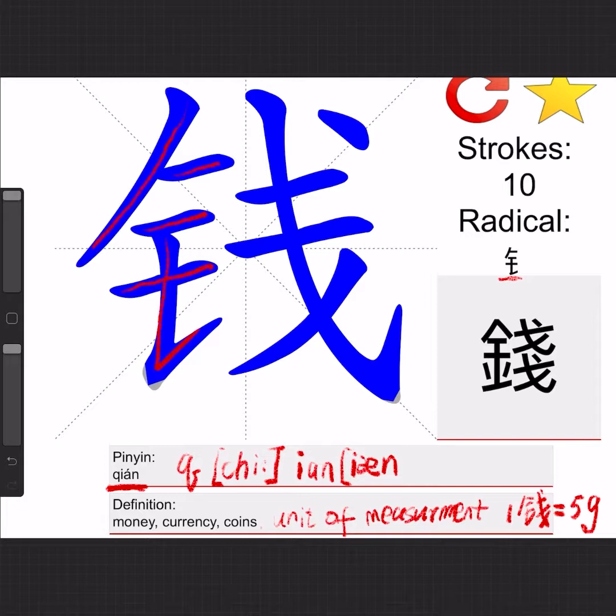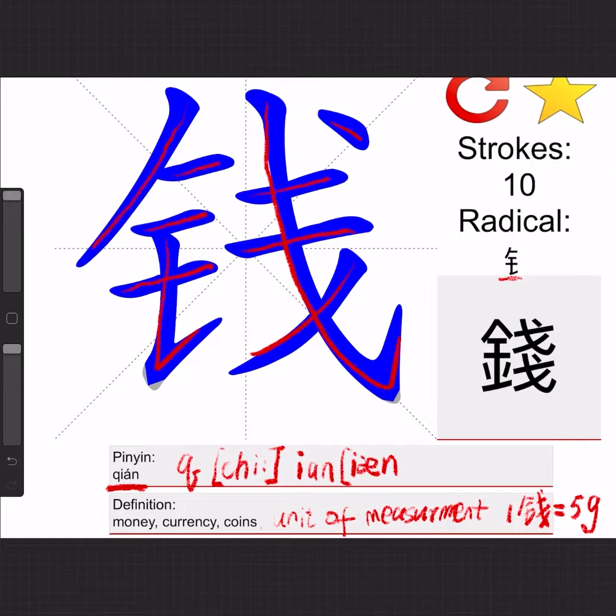And also, for the whole character, we also follow the rules. First, we draw the left part, and then 6, 7, 8, 9, 10. The right part of the character we finished drawing.